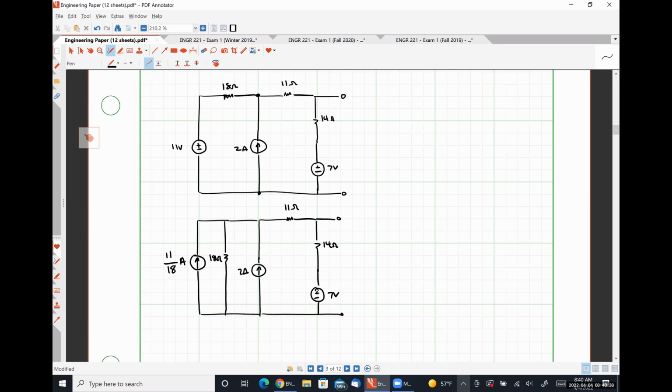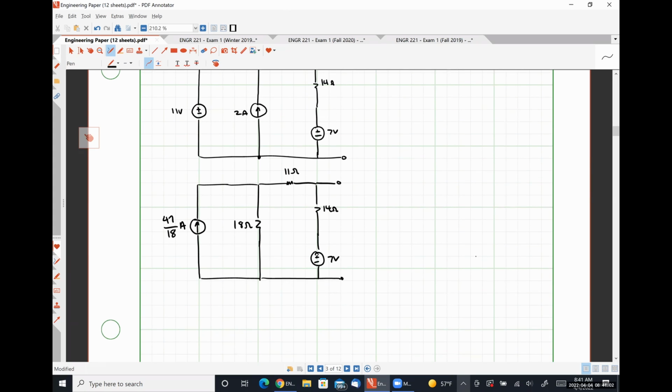Looks like 47 over 18. So I have 47 over 18 just in parallel with 18 now. Here I would convert that practical current source into a practical voltage source.